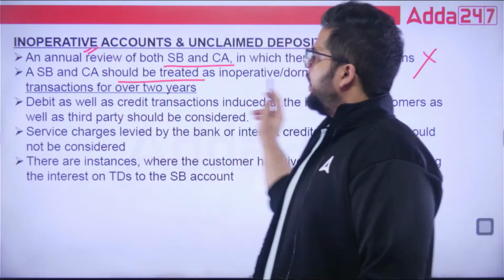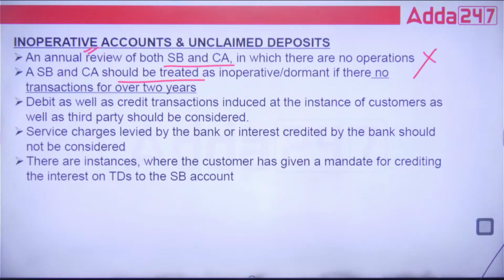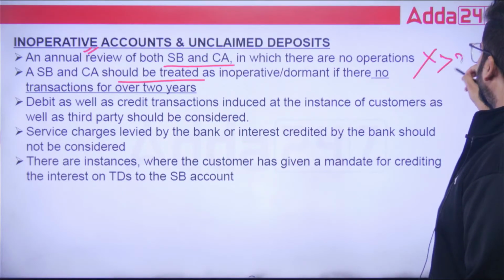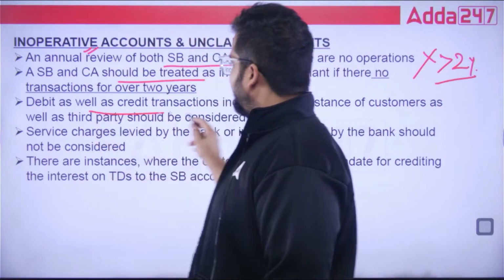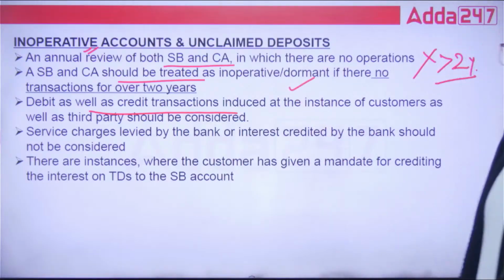The saving bank and current account should be treated as inoperative or dormant if there is no transaction over 2 years. Greater than 2 years, it is inoperative. Debit as well as credit transactions induced at the instance of customers as well as third party should be considered.